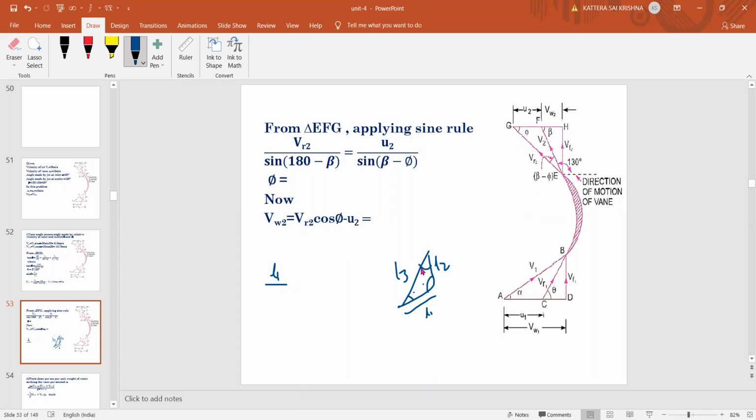So we get L1 by sine Z, which will be equal to L2 by sine X, which is equal to L3, this length by the opposite angle, L3 by sine Y. So this is our sine rule formula.